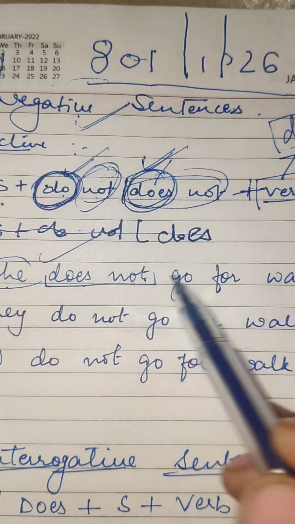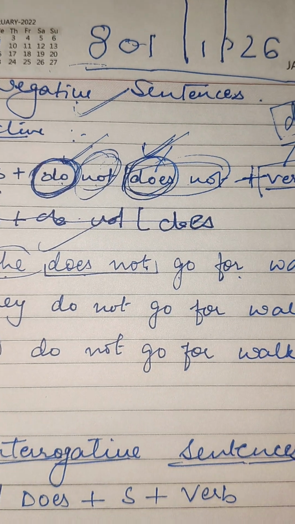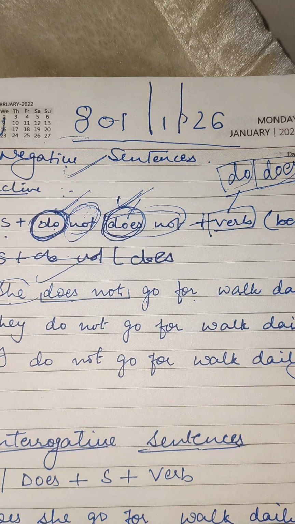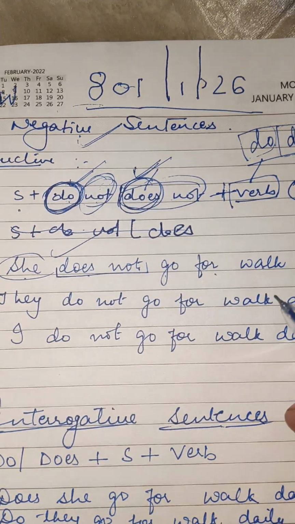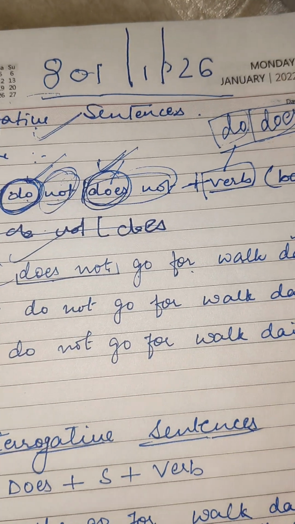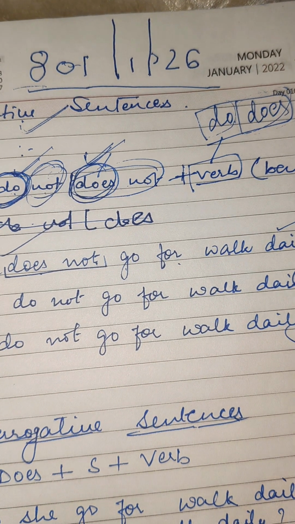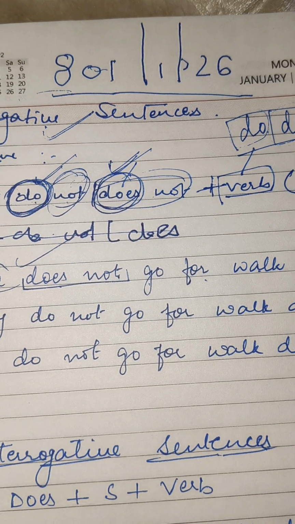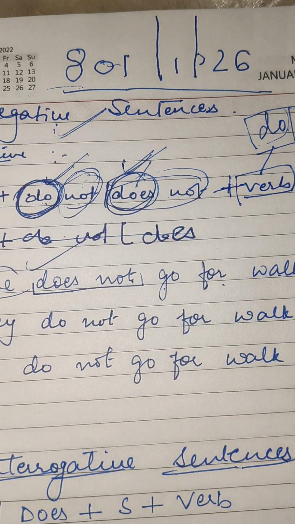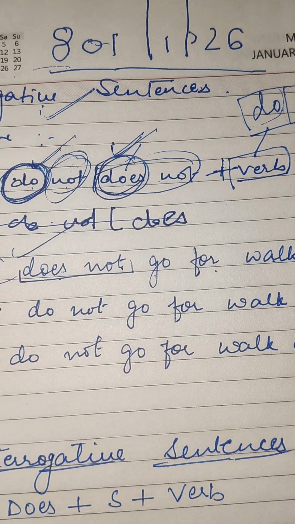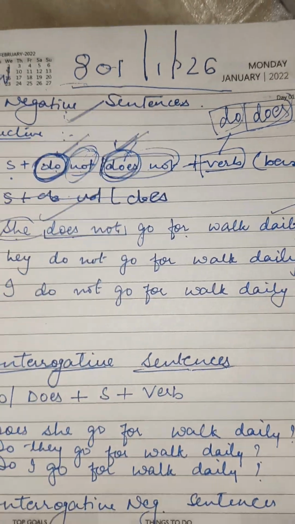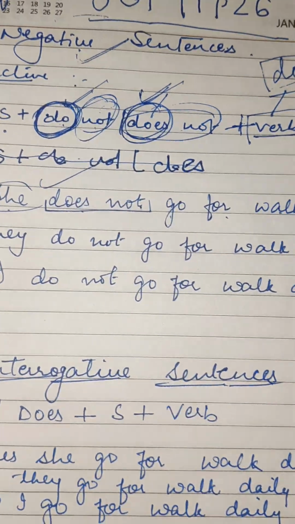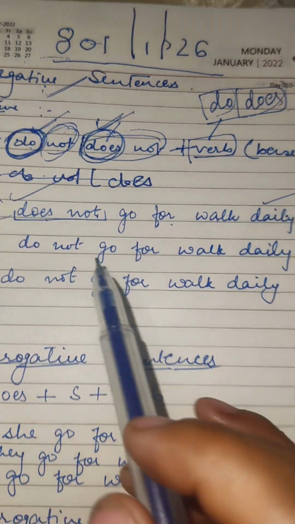She does not go for walk daily. As we are talking about simple present tense, as we talked about previously, we talk about daily habits in this tense, regular actions, general or universal truths, things that happen again and again, meaning repetitive actions. So we discuss all these kinds of sentences in simple present tense.